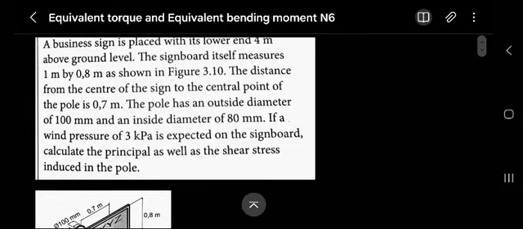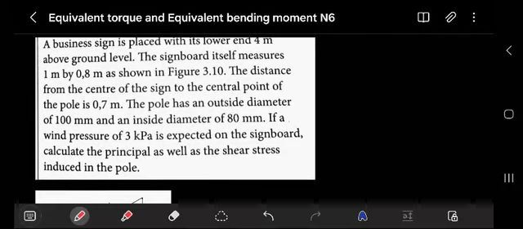All right, so we've been given a business signal. The business signboard is placed with its lower end 4 meters above the level.